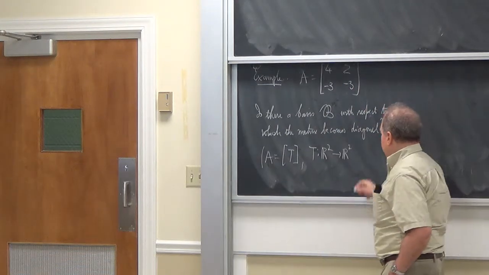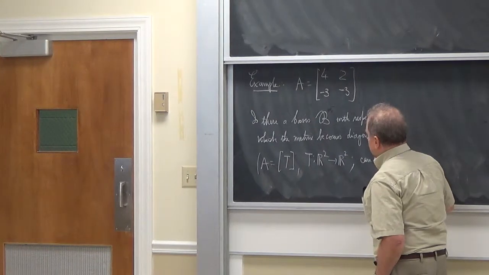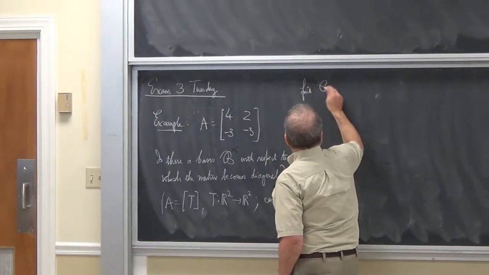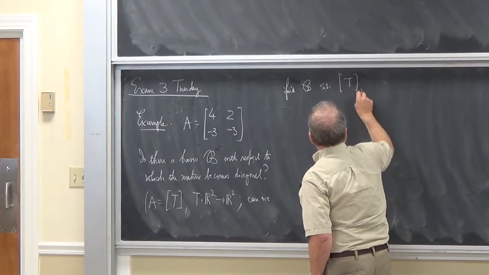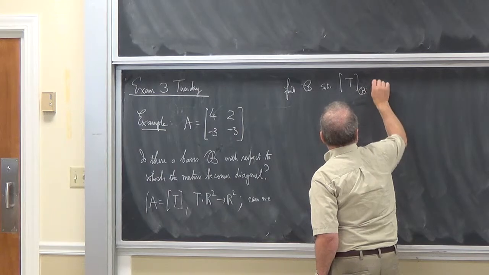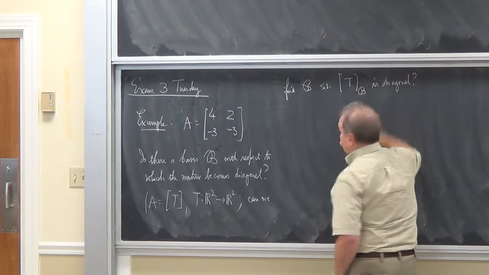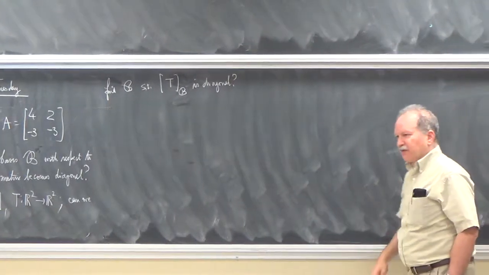Can we find a basis script B so that T subscript B is diagonal? We're only working with square matrices. What I said at the beginning of Wednesday was we're only going to do square stuff for the rest of the semester.